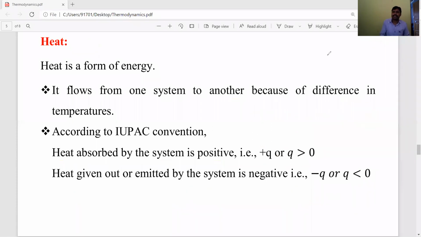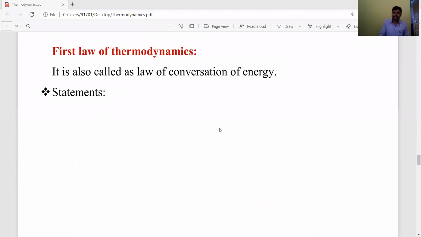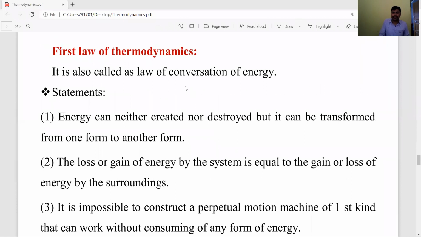Now let's see the first law of thermodynamics. What is the first law of thermodynamics? Mainly, this first law of thermodynamics is also called the law of conservation of energy.